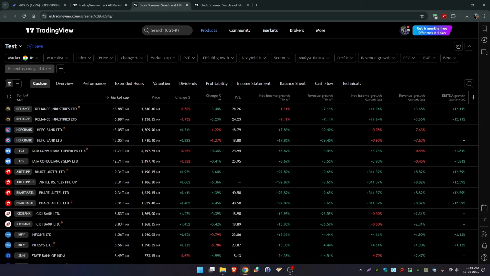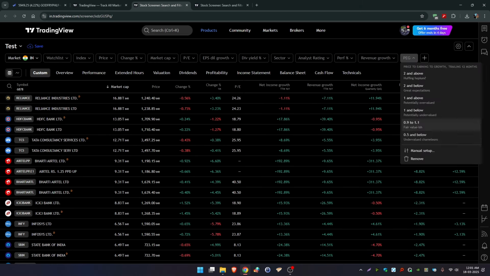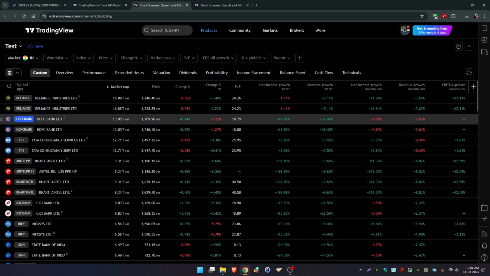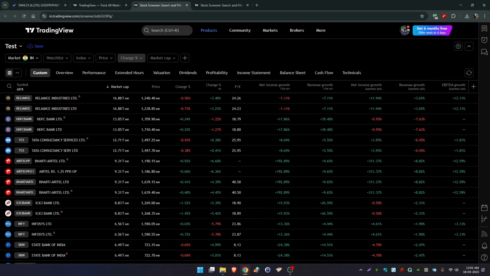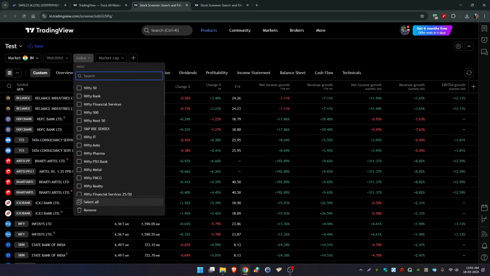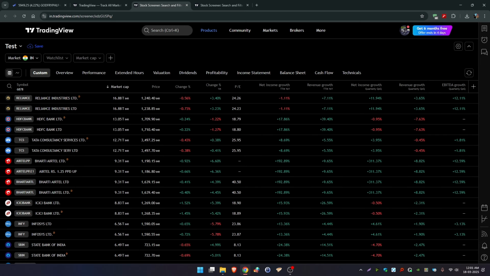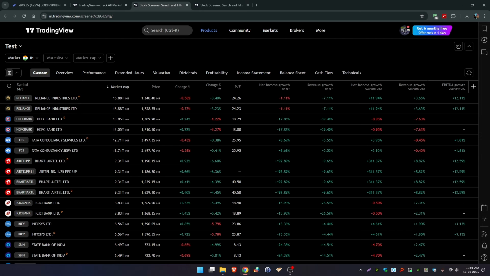Now we remove all these unwanted filters. We need PE, we need market cap. We'll not remove market cap. We don't need index, right? You can't delete watch list, so let's not even try go there.